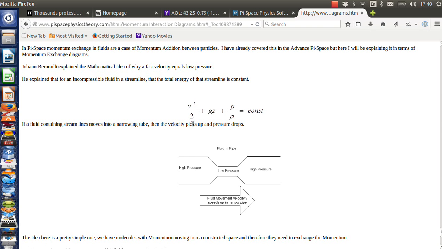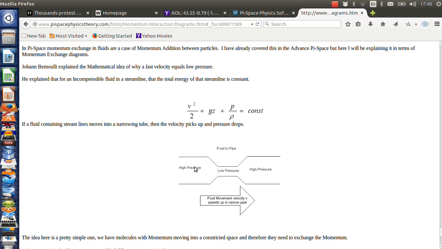The way that Bernoulli formalized this in classical physics was he said that the conservation of momentum was maintained, and he formulated it in terms of the velocity, in terms of the pressure, and in terms of the gravitational pressure, the gravitational field that the pipe is in.